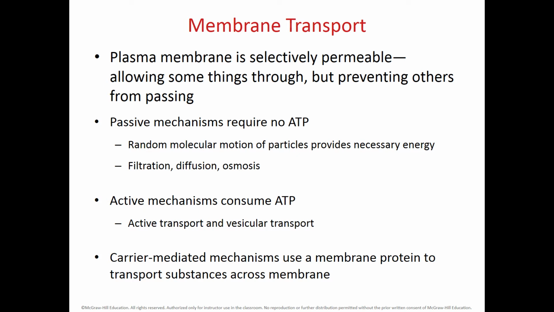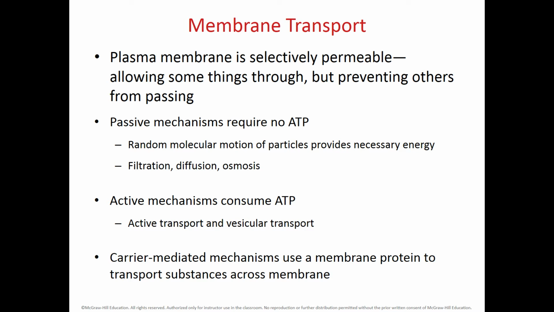Now, examples of passive transport are filtration, diffusion, and osmosis. And this transport happens because you have a difference in concentration of the particles. So the particles will tend to move from an area of high concentration into an area of low concentration, from more to less, until you reach an equilibrium.